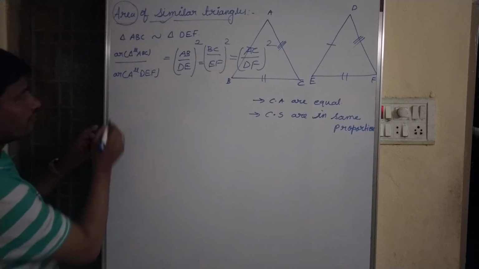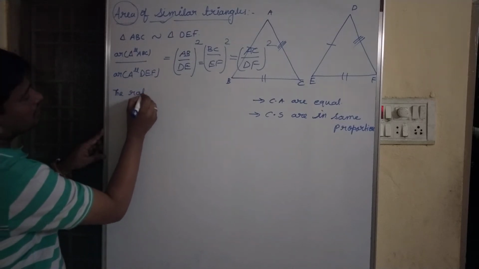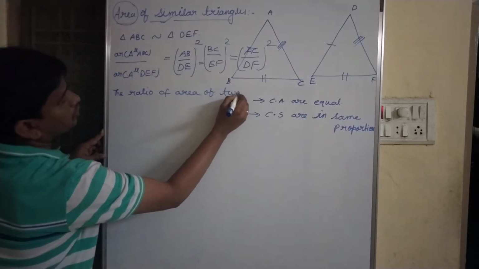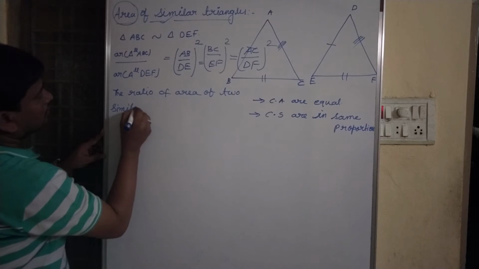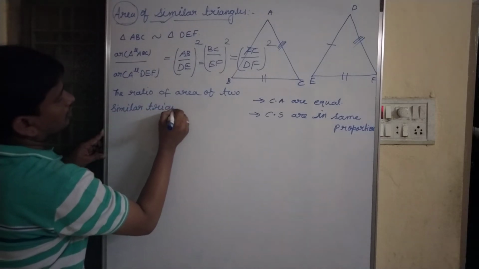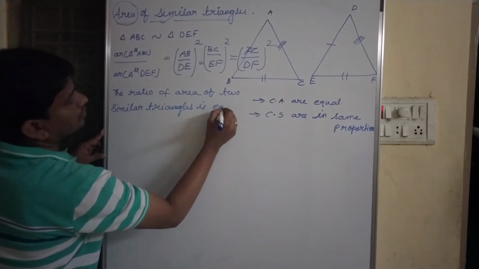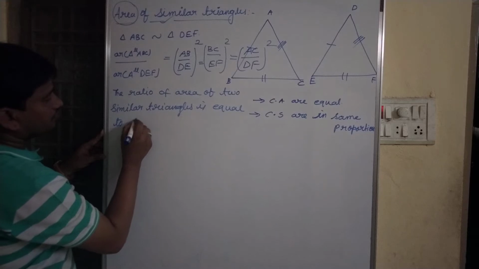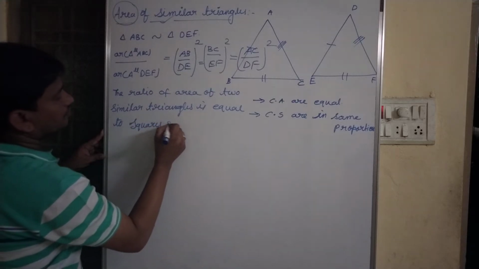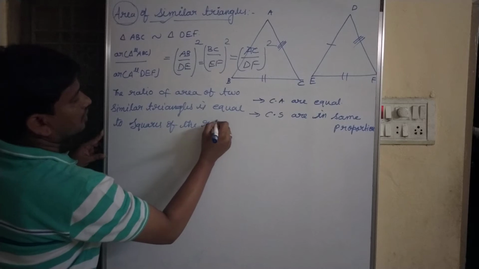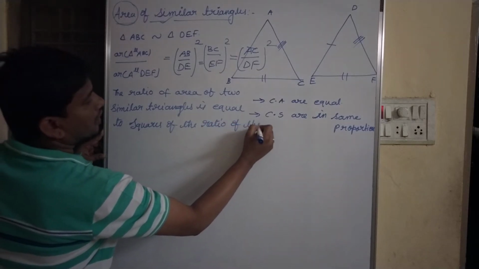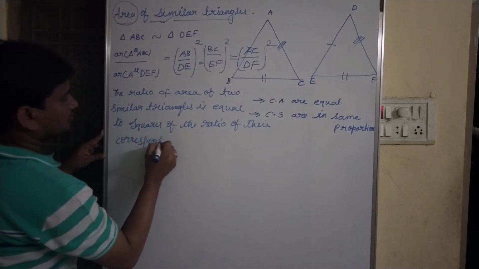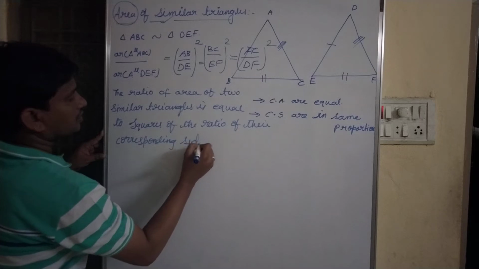I can write it as the ratio of area of two similar triangles is equal to the squares of the ratio of their corresponding sides, right?